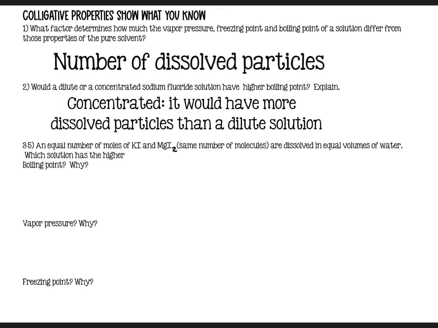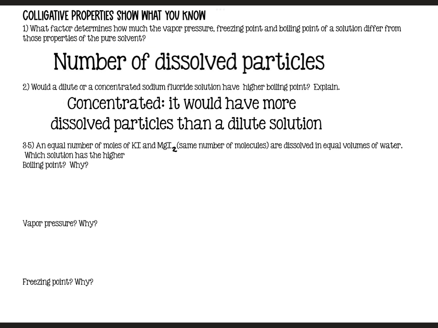Explain. Well, a concentrated solution would have the higher boiling point because it would have more dissolved particles than a dilute solution. These particles would attract the water molecules and keep them from boiling as easily, which would raise the boiling point.